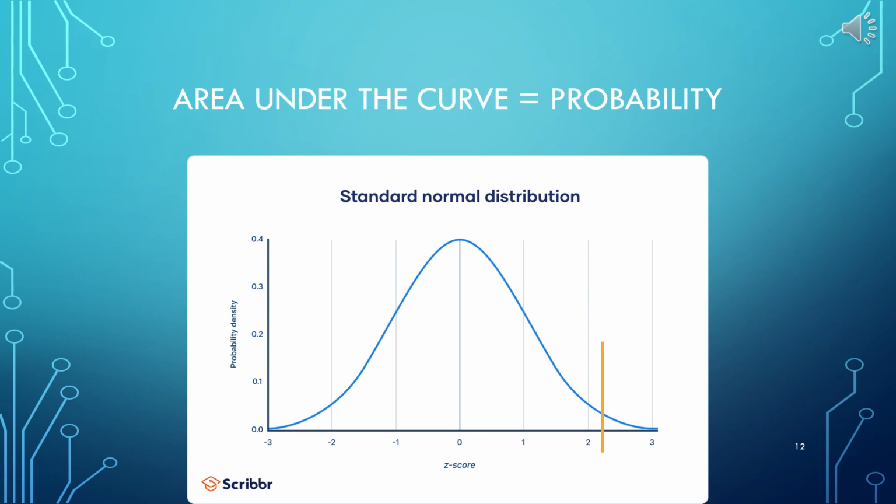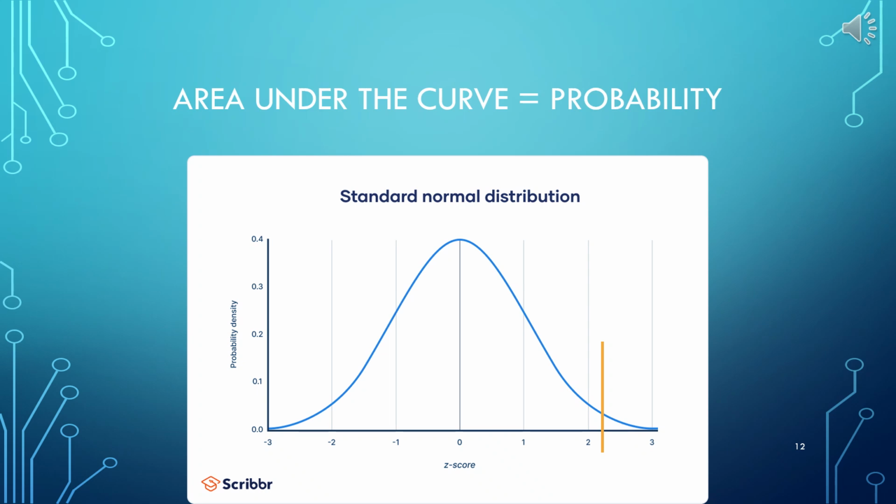If we convert that raw job satisfaction score of 9 out of 10 into a z-score and look at how many standard deviations away from the mean that is, let's say it works out to be 2.2 standard deviations above the norm.